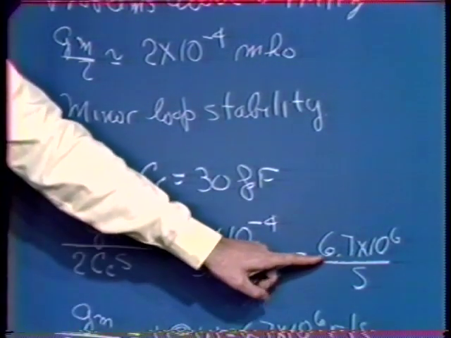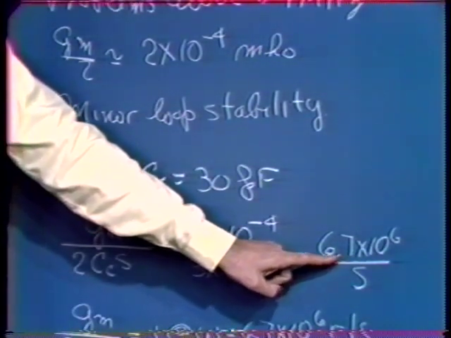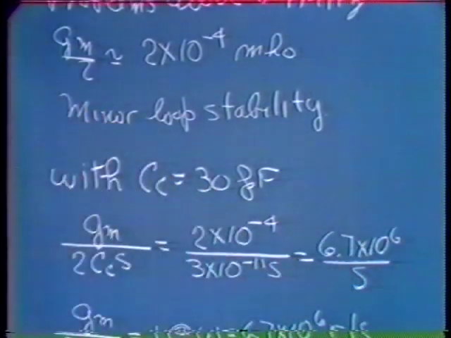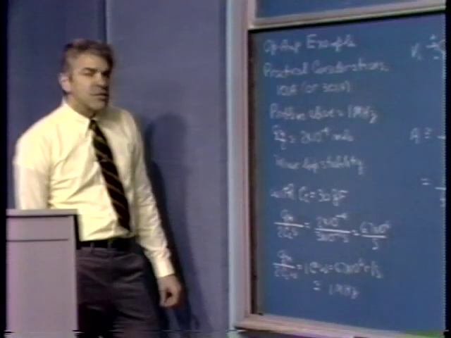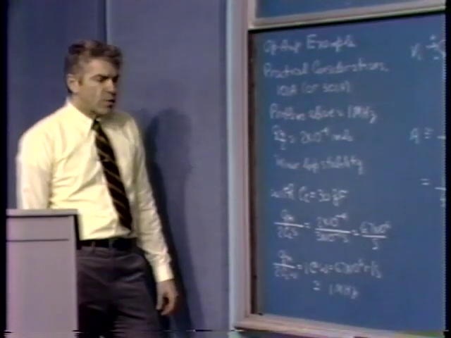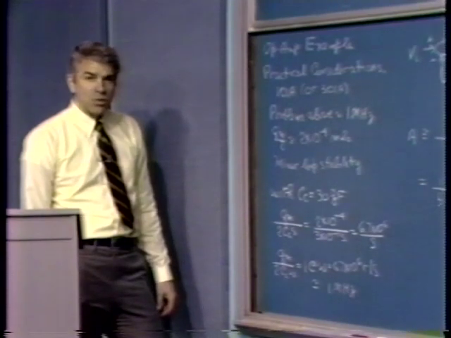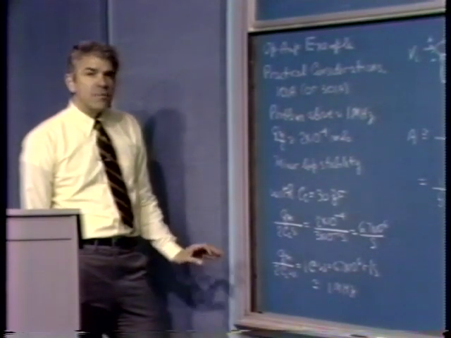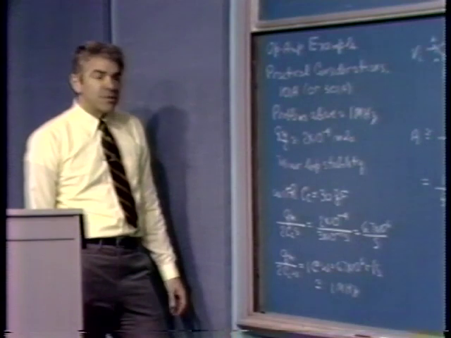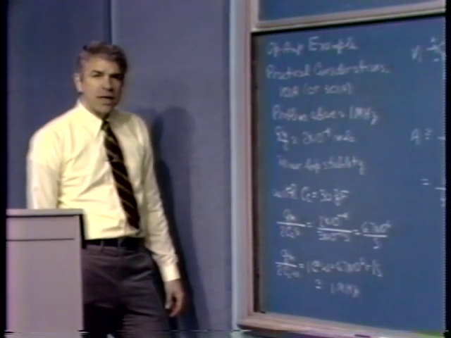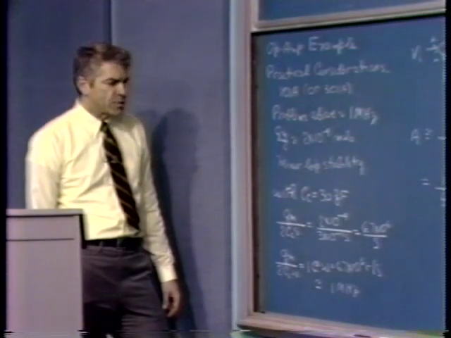Thus our approximation to the open loop transfer function is about 6.7 times 10 to the 6th over s. That transfer function actually holds over a range of frequencies that typically extends from about 10 hertz to roughly a megahertz. So here a 30 picofarad capacitor compensates the amplifier, dominating its performance over about a factor of 10 to the 5th to 1 in frequency.